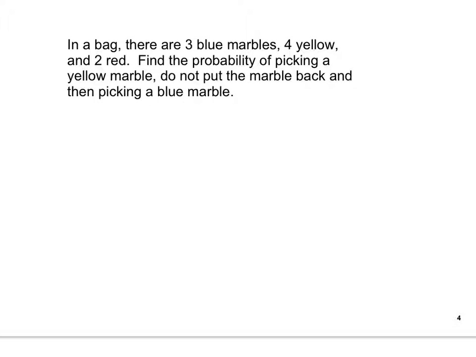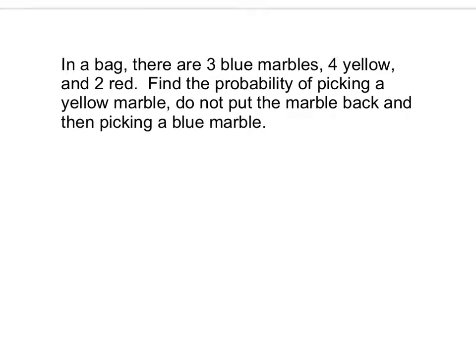Okay, so same bag of marbles, but the difference here is we do not put the marble back. So what that means is we have 2 events, so we have to do one at a time. The probability of picking a yellow marble for the first event is 4 out of 9. But I've taken a marble.